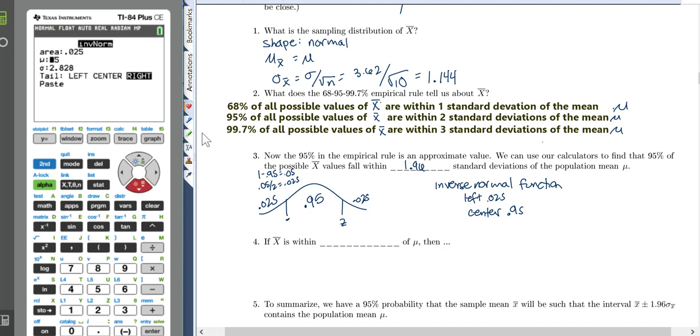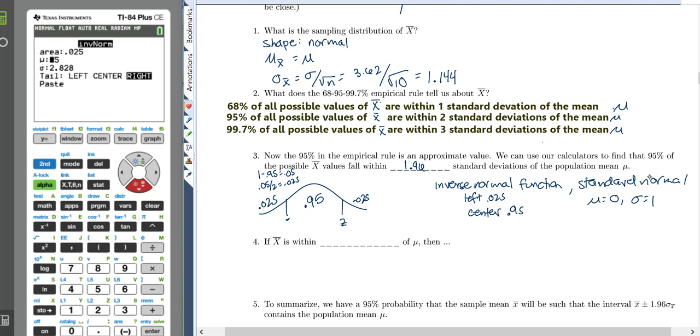This is a standard normal, with mu equals 0 and standard deviation equals 1, because z always tells us how many standard deviations.